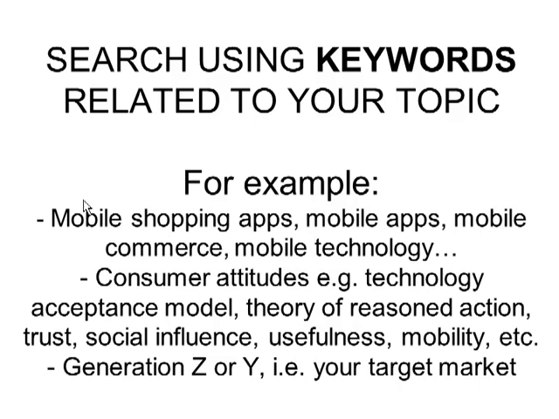If you just type in mobile apps by itself, how many search results do you think you're going to get? You're going to get tens of thousands, but they may not be specific to what you want to do. So there are ways to refine your search to get more specific results, and that's what we're going to cover.